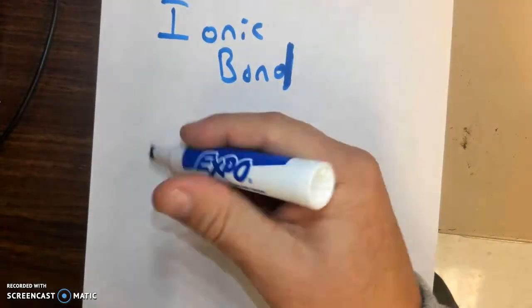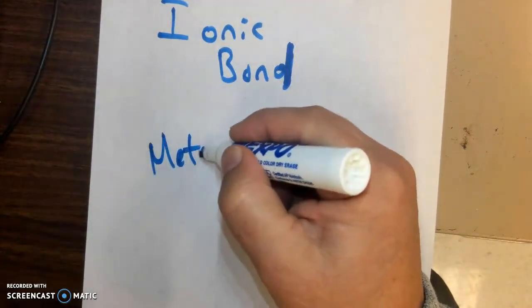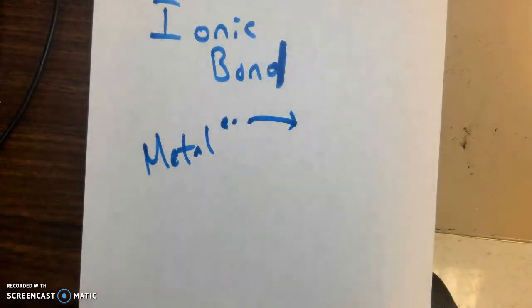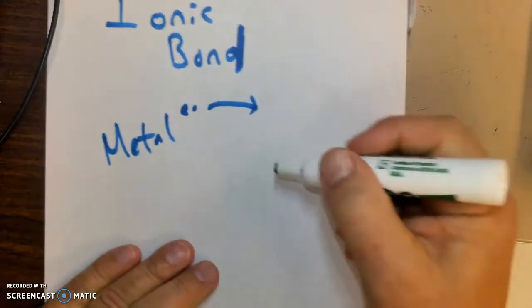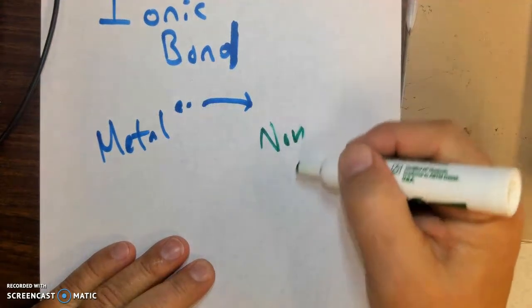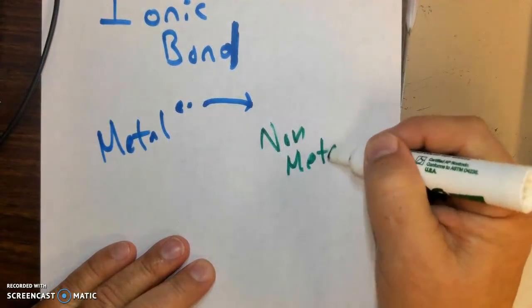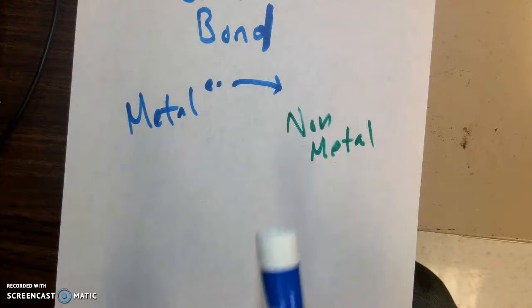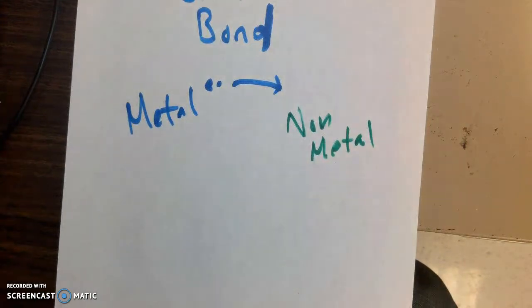A metal, which is giving up an electron or more, to a non-metal, right? So far, all the ones that I've talked about have that relationship. I haven't talked about anything else, but so those are ionic bonds, when a cation gives up an electron or more to a non-metal.